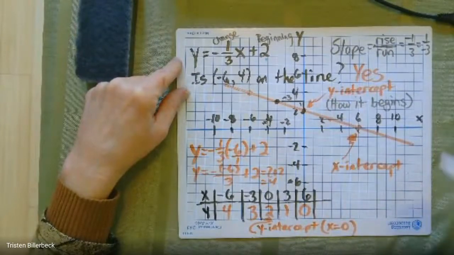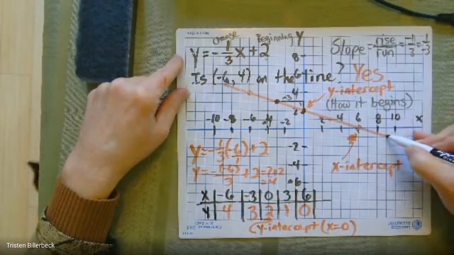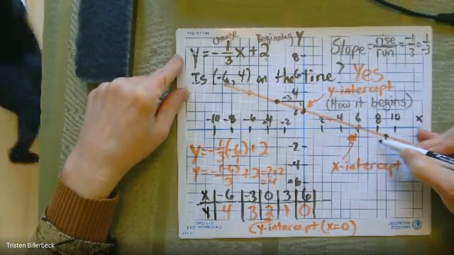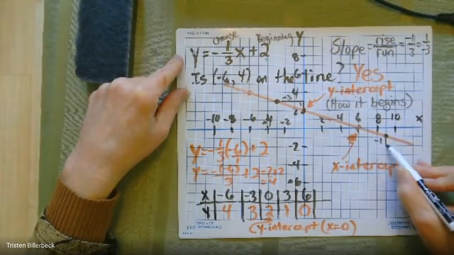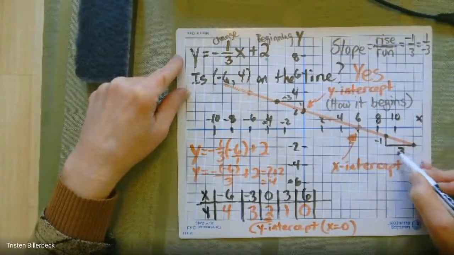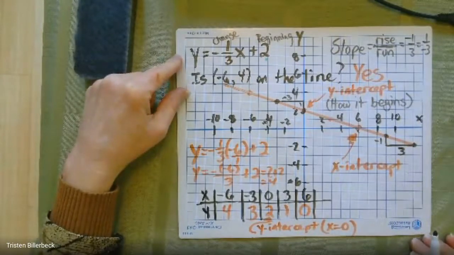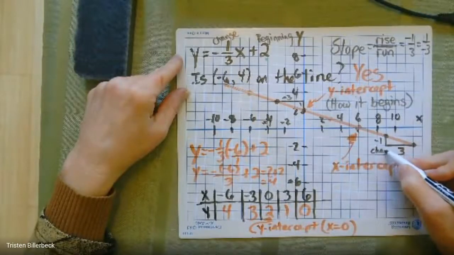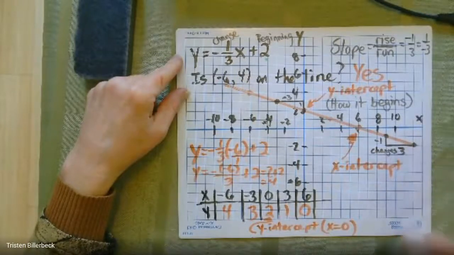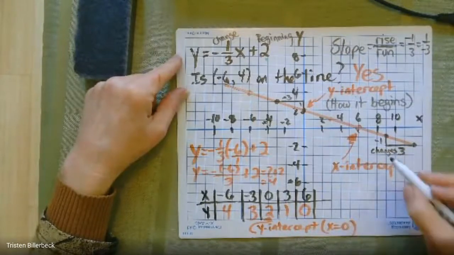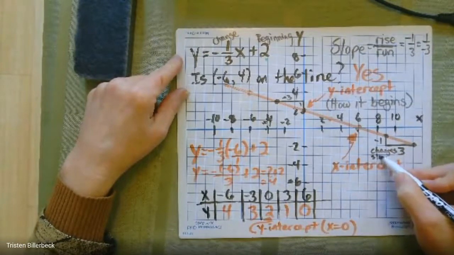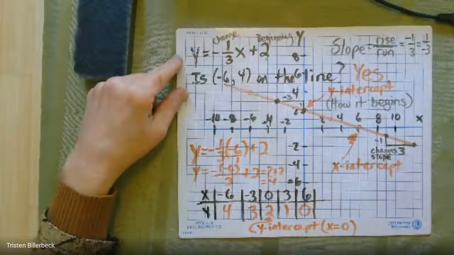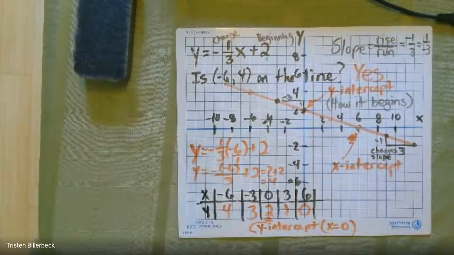Okay. If we come out here to this one and we rise -1 and run +3, it gives us this point. So this is how it changes. Okay, or it's the slope. So that's a little more advanced than your lesson, but might as well learn it. Well, have a wonderful day.